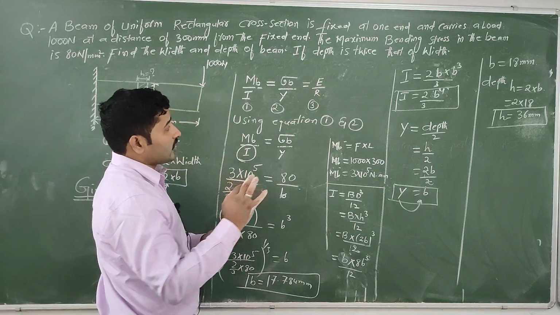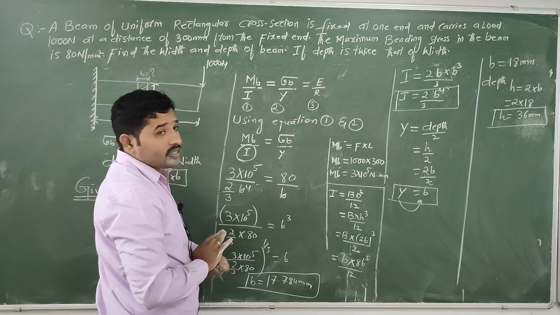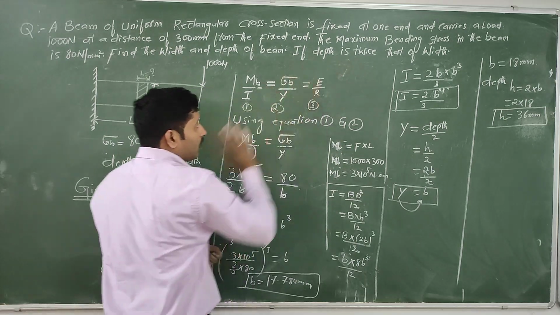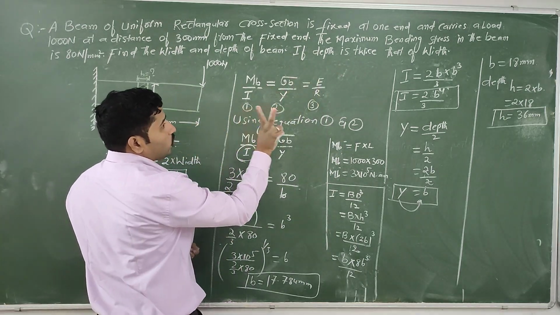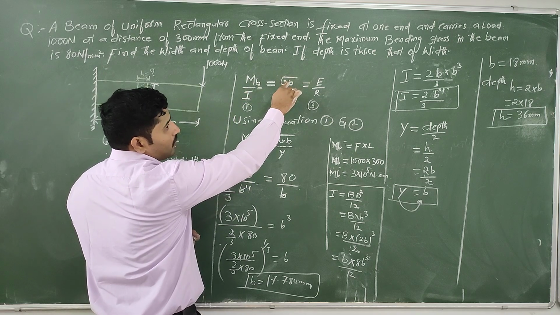In this problem E is not given and R is not given, so there is no need to use this term. Instead, we use the other two terms: Mb by I equal to sigma b by y.